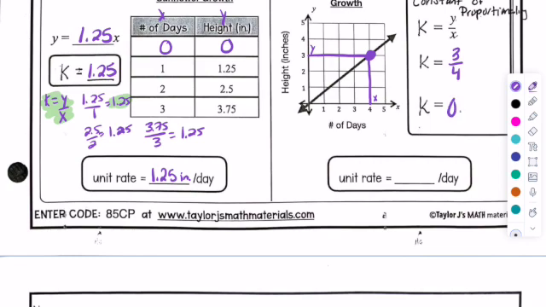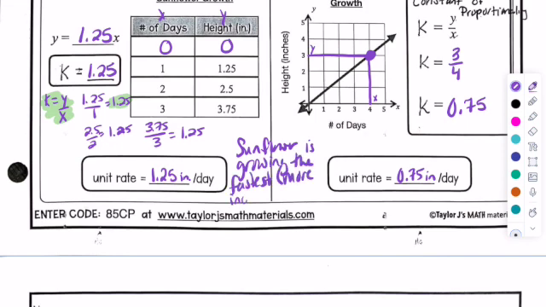We could write that as a decimal, which would be 75 hundredths, or 0.75, which in this problem means that the tomato plant is growing 75 hundredths of an inch per day. If we were looking at which one is growing the fastest, the one that's growing the fastest would grow the most each day. So the sunflower is growing the fastest because it's growing more inches each day.